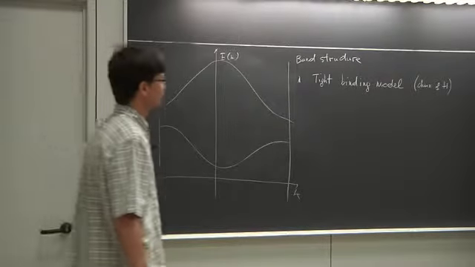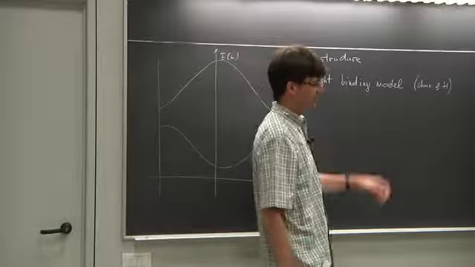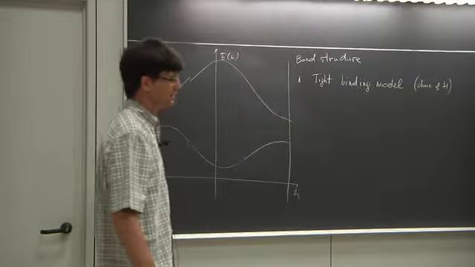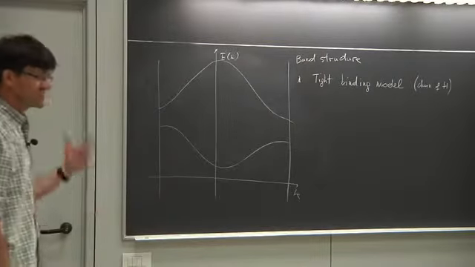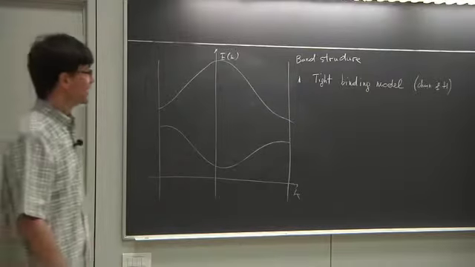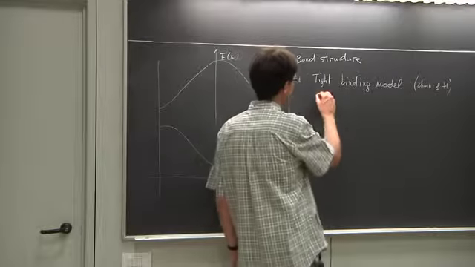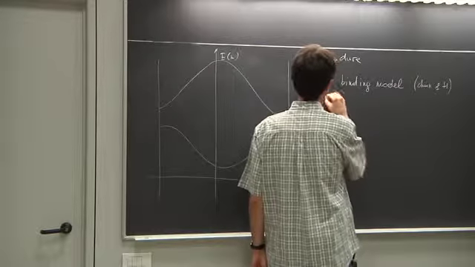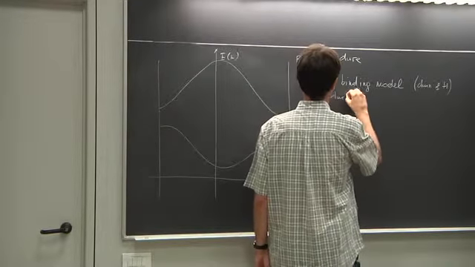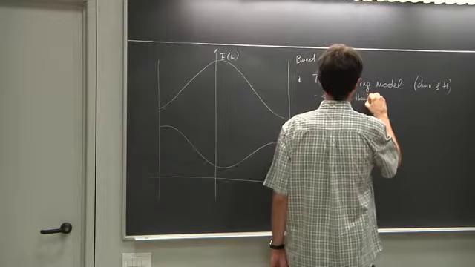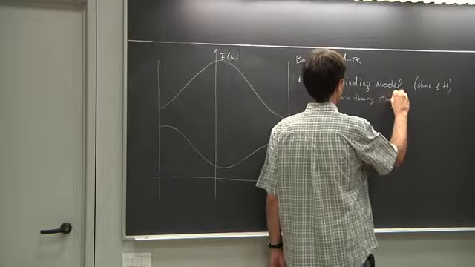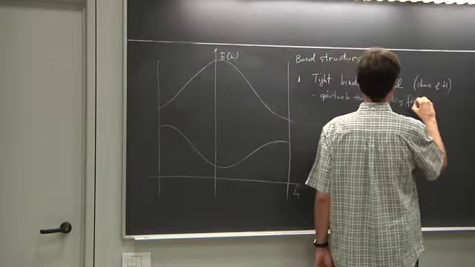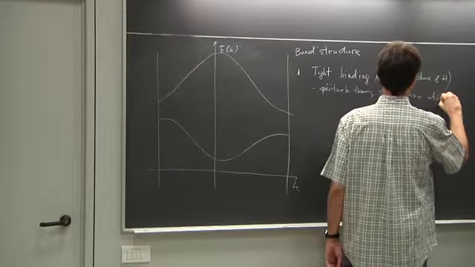So this is what goes under the name of tight binding model. We solved it for a very specific case, a very simple case, but that's the spirit of the tight binding model. Essentially, you do perturbation theory starting from atomic solutions.